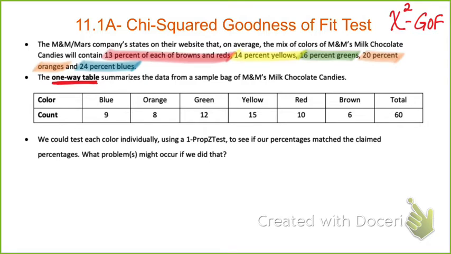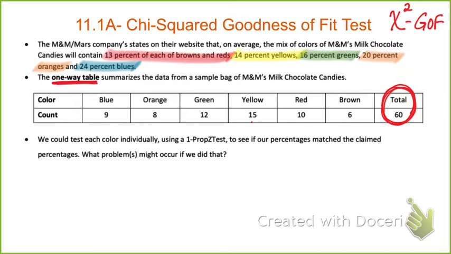So you open this bag of M&Ms, and you find a total of 60 M&Ms in your bag. In that 60, you have 9 blues, 8 orange, 12 green, 15 yellow, 10 red, and 6 browns. So here's the question. Does your bag of M&Ms contain the correct color distribution that M&Ms says that it should?